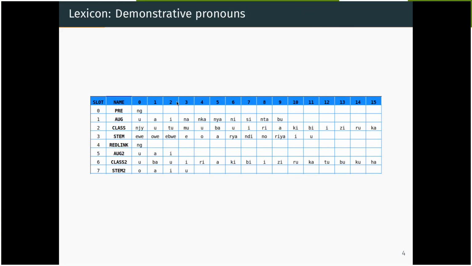So this table represents the lexicon, meaning the stems and the affixes that you have in a demonstrative pronoun. Here you have to list all types of morphemes and the slots that they occupy in a word. So I'm going to go through it and you'll see how they combine to make words.